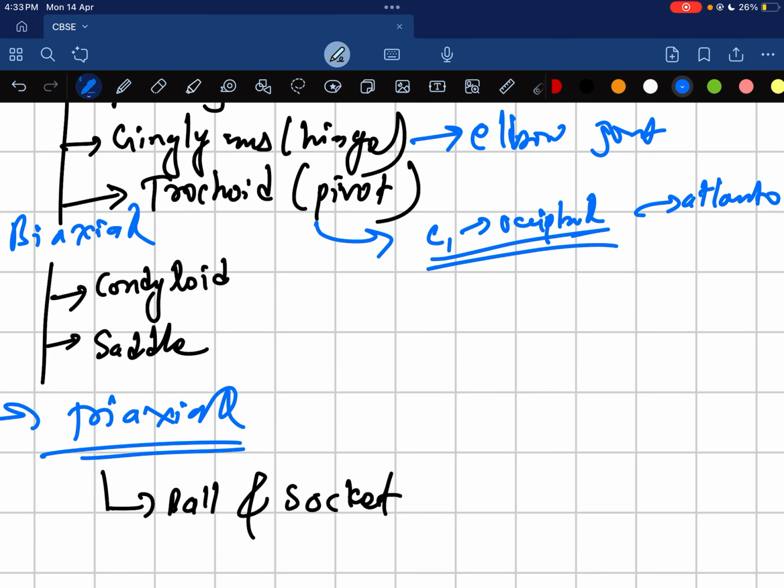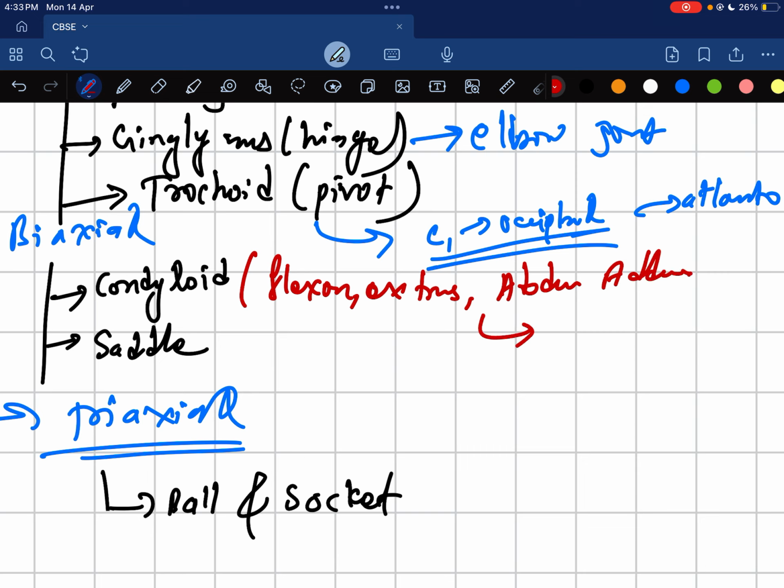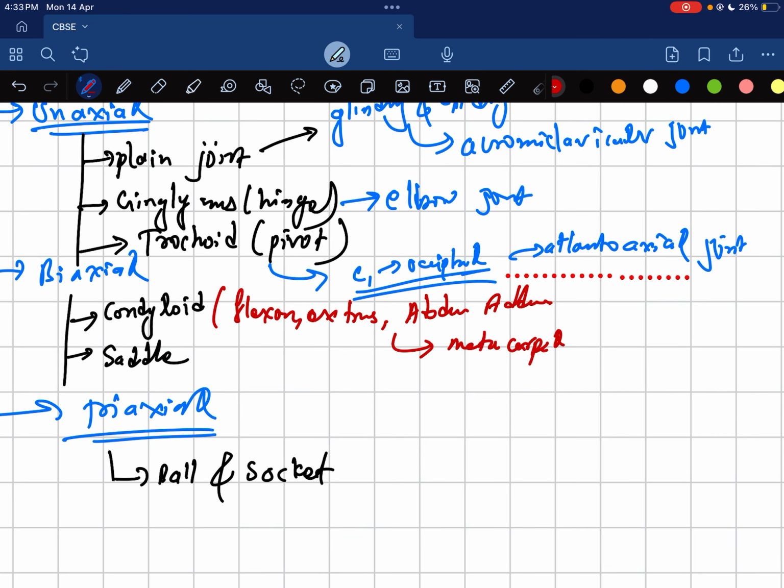Then in the biaxial, the condyloid joint permits flexion, extension, abduction, and adduction, like the metacarpophalangeal joint and the interphalangeal joint.